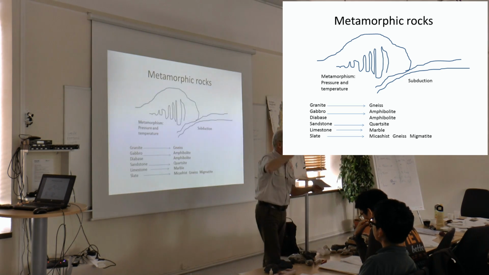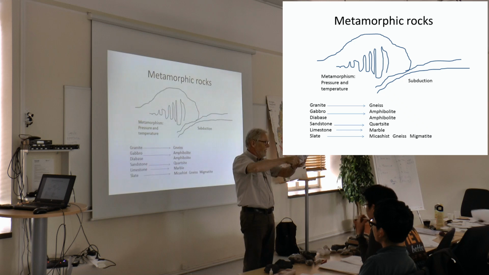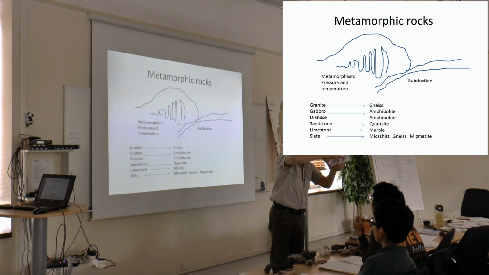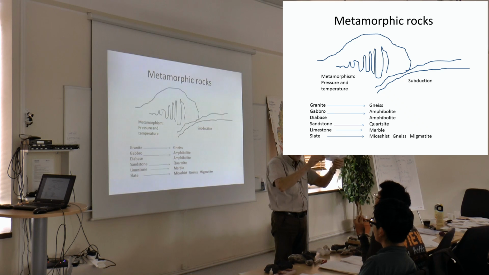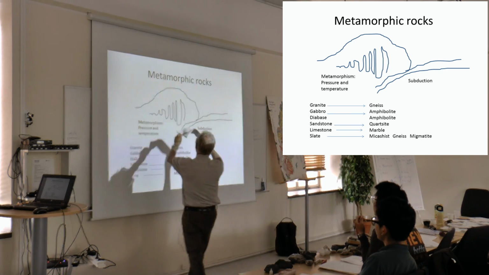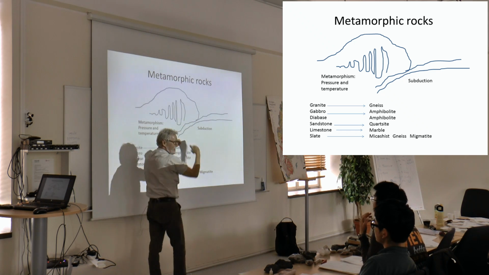So if I have one continent here, and one continent here, and these continents meet, in between these continents something like this will be happening. And this is what I have been trying to draw here.